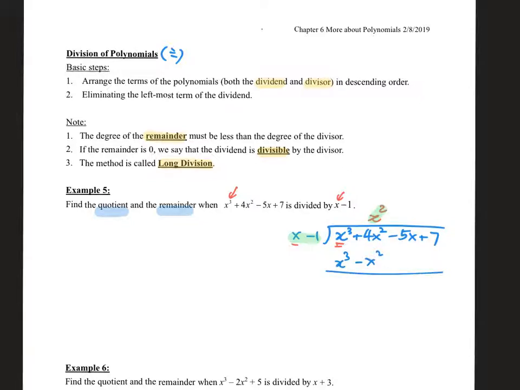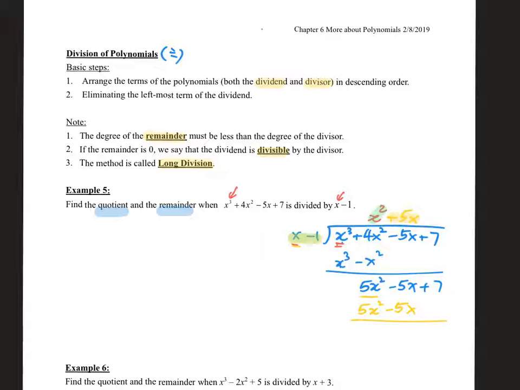So as in your experience of doing division of numbers, you are going to do subtraction of these two layers, in which x cubed cancels, and you have next 5x squared minus 5x plus 7. Afterward, now we are going to cancel 5x squared by the x. So that's why you choose the plus 5x next. After that, you do the multiplication as follows: 5x times x minus 1, which gives you 5x squared minus 5x.